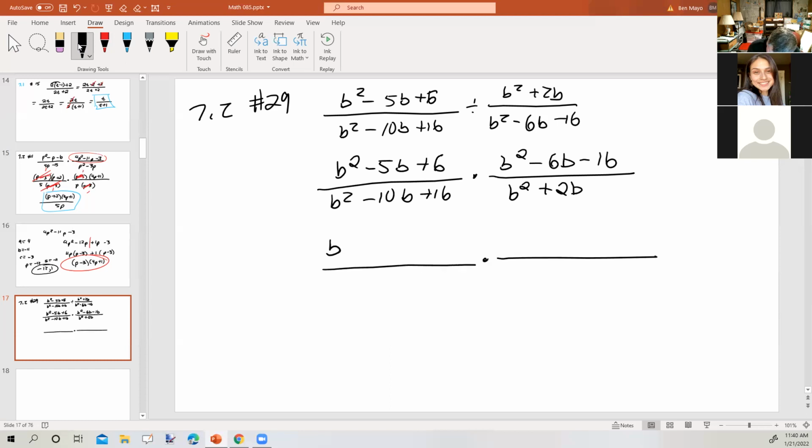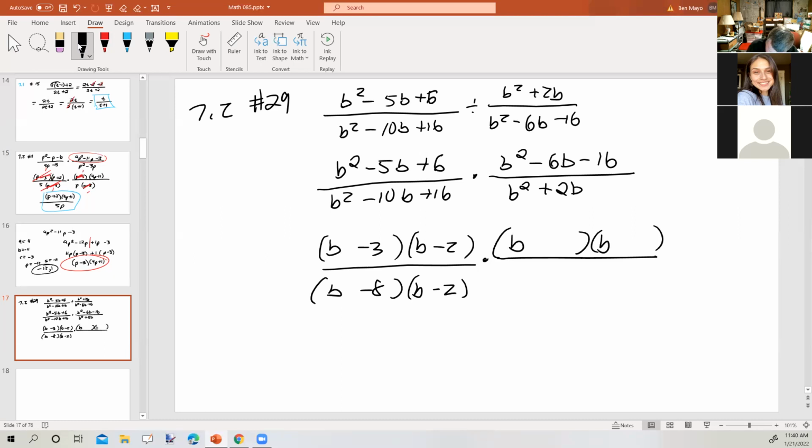This is going to be b minus 3 and b minus 2 to get a minus 5b and a plus 6. This is a b and a b and a minus 8 and a minus 2 to get a minus 10b and a plus 16. This is a b and a b and a minus 8 and a plus 2 to get minus 6b and a minus 16. And finally, we'll take out a b and get b times b plus 2.